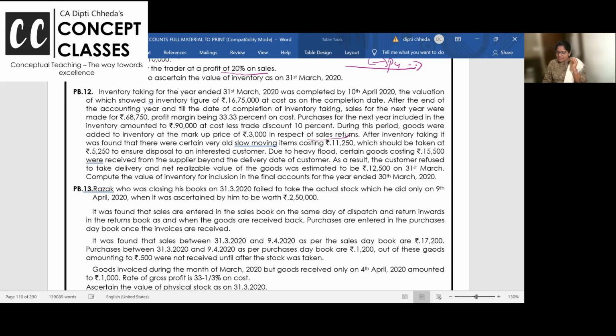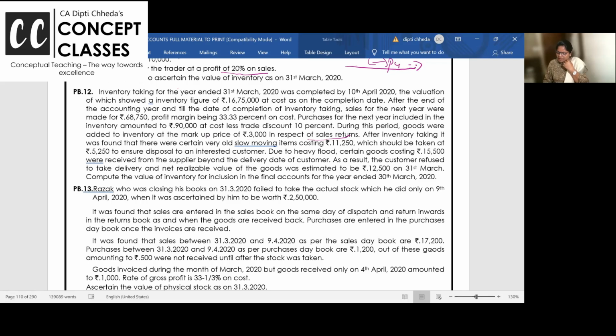Due to heavy flux, certain goods costing 15,500 were received from the supplier beyond the delivery date of the customer. As a result, the customer refused to take delivery and NRV of the goods was 12,500.